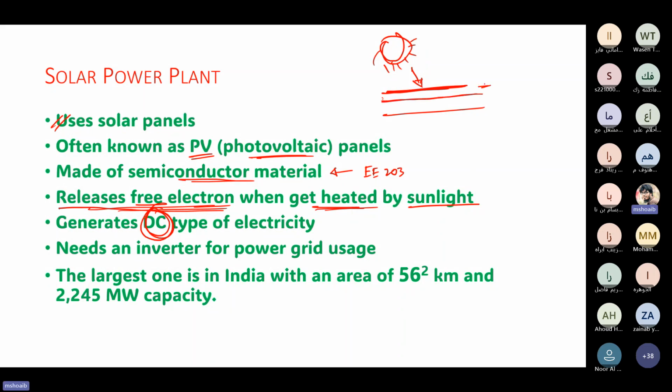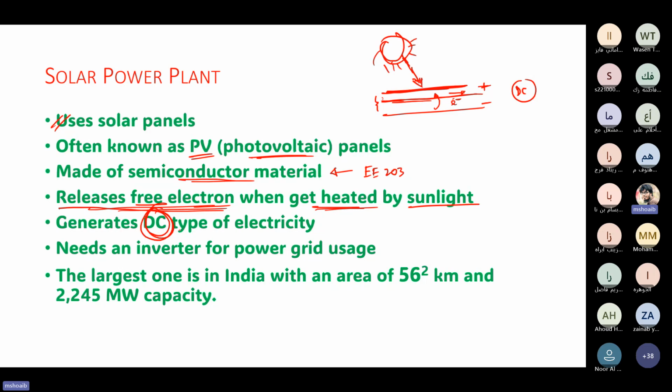The bottom layer, which is thicker, is lightly doped. In between, you have a depletion region. Whenever the sunlight hits the heavily doped region, the electrons in the depletion region are attracted to the heavily doped region above, and the free electrons start flowing, and this flow of free electrons is in the form of DC. Simple. This is very straightforward.